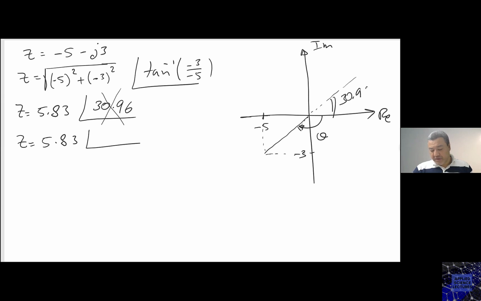So in this case, we go minus 180 degrees.